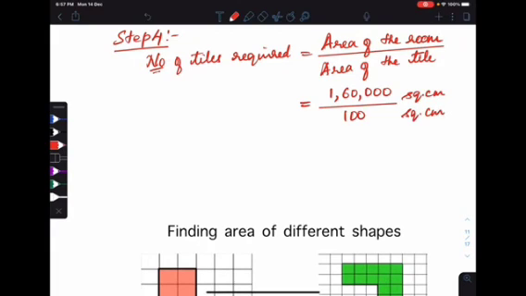Both the units are square centimeters. Children, if you can cancel it here itself, it's easier. Now it is 1,600 tiles that are required to fill in the room. I hope all of you got it.